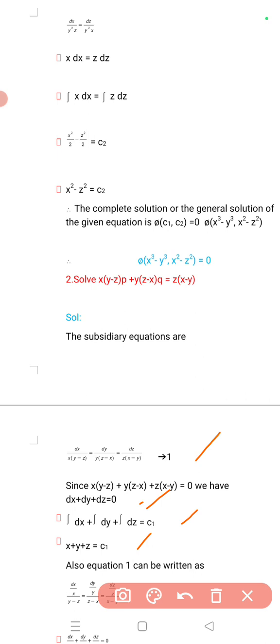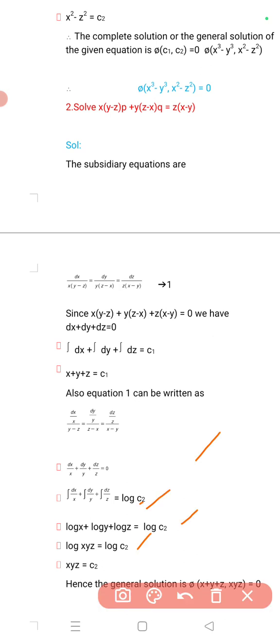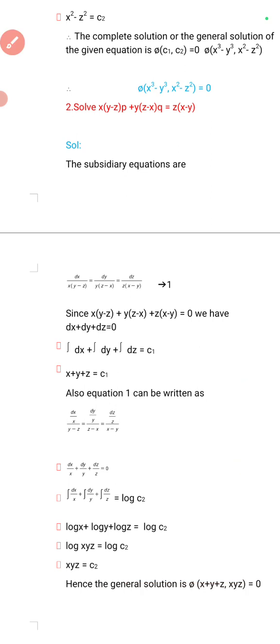In the similar way, equation 1 can be written as, see here in the first equation 1 what I have written, dx by x into y minus z is equal to dy by y into z minus x equal to dz by z into x minus y.